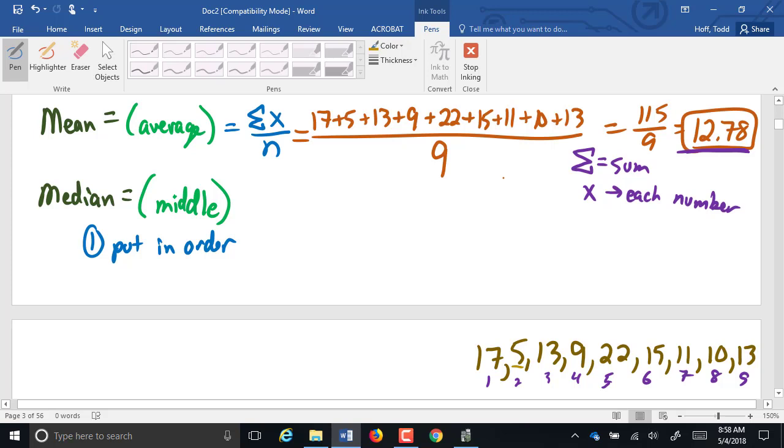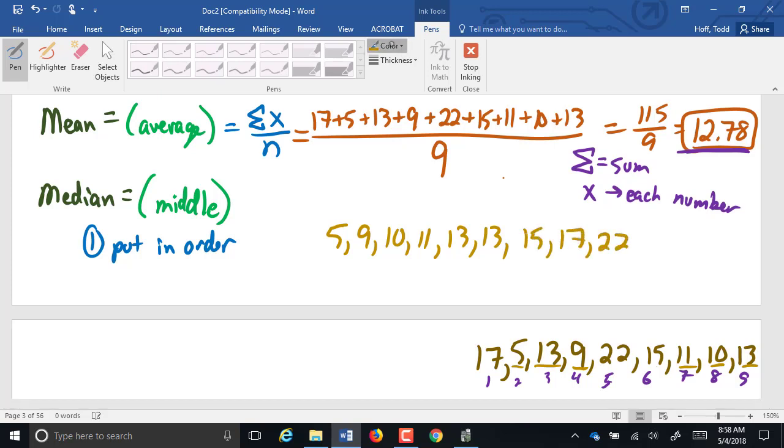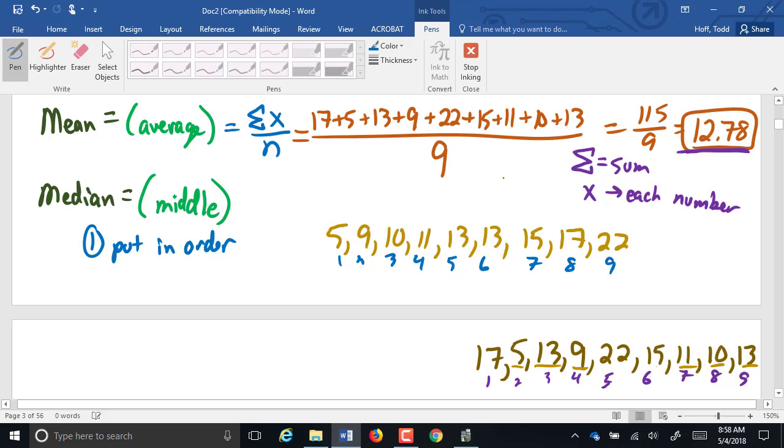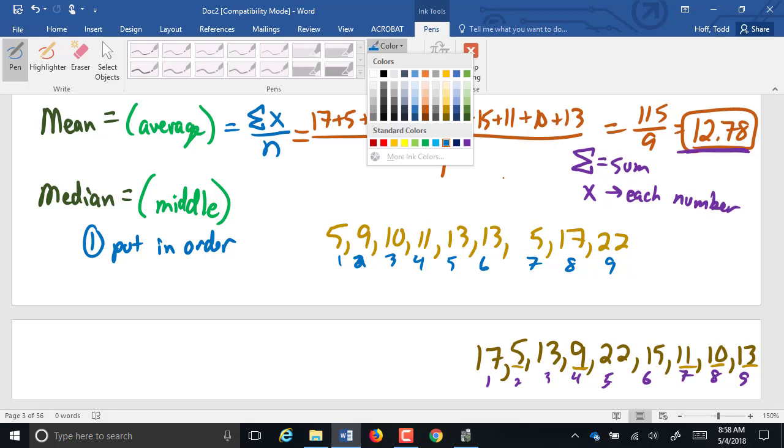Let's say I've got 5, 9, 10, 11, 13, 13, 15, 17, 22. Is that all 9? Yes, it is. I'm going to leave them numbered 1 through 9 anyway because we're going to need that in just a second.